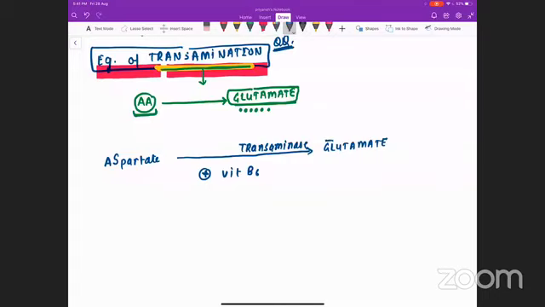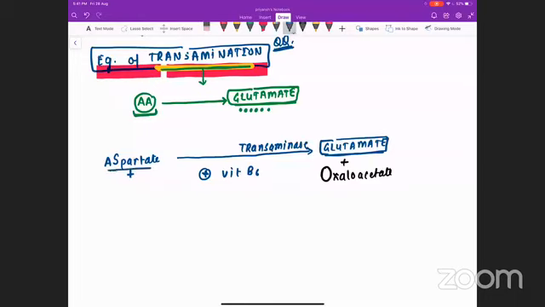So the glutamate is already fixed. Glutamate is always going to be the product in a transamination reaction. The byproduct of this reaction is oxaloacetate. In all the reactions, we are going to have the same co-substrate, that is alpha ketoglutarate.